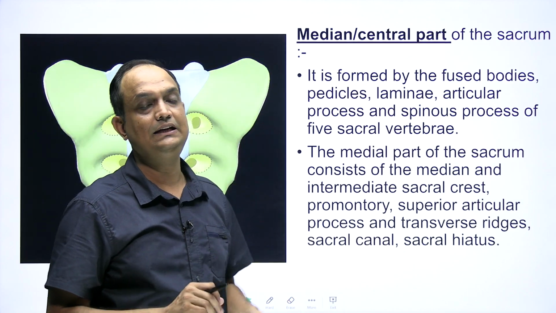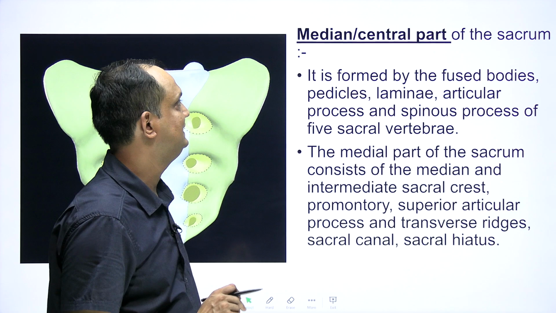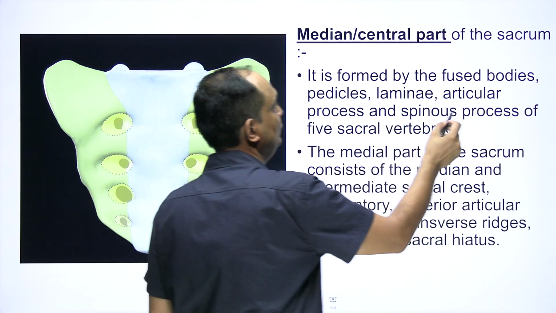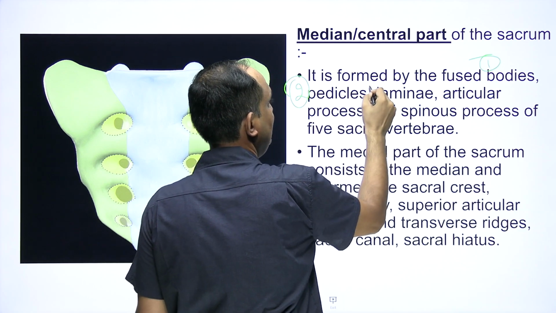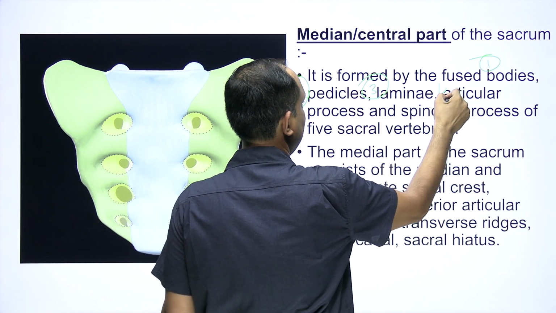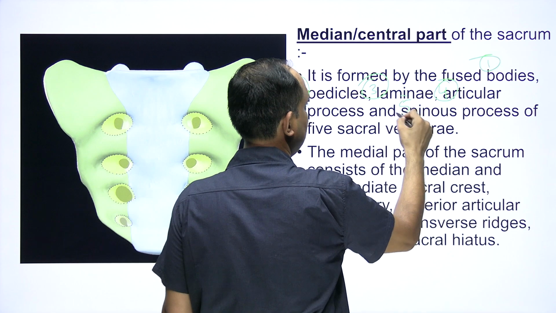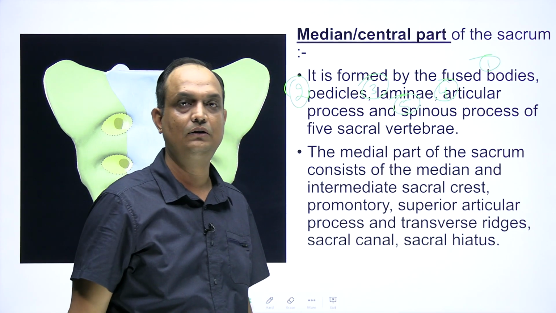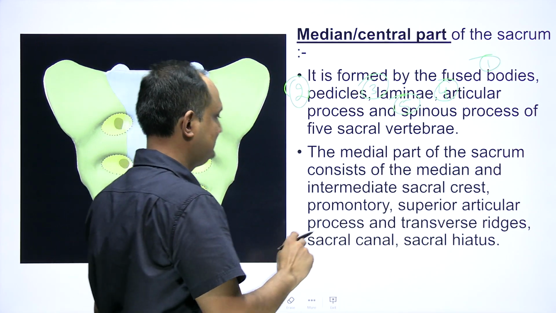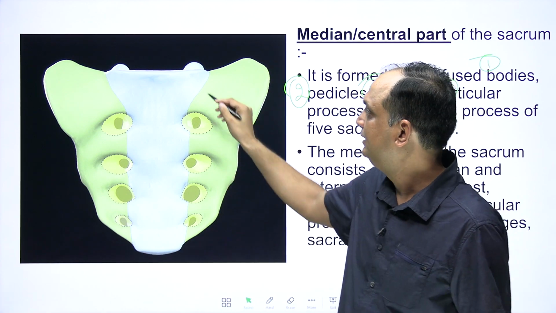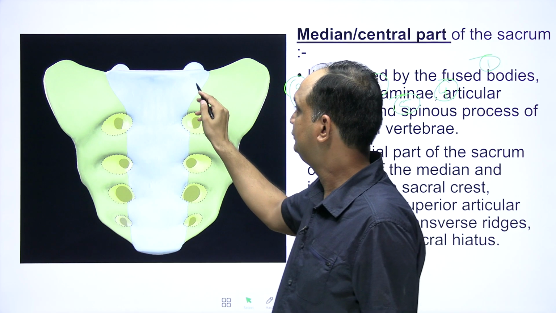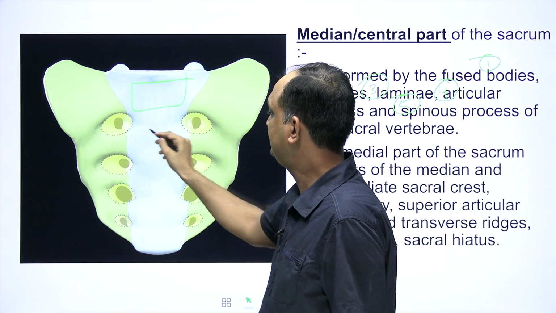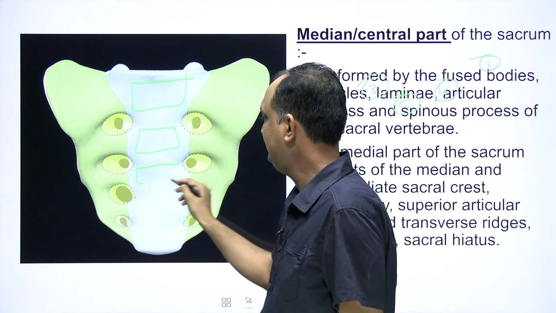So when you see the central part of the sacrum, it is formed by the fused bodies, pedicles, laminae, articular processes, and spinous processes of 5 sacral vertebrae. This central area is formed by the fusion of the bodies of the respective sacral vertebrae.